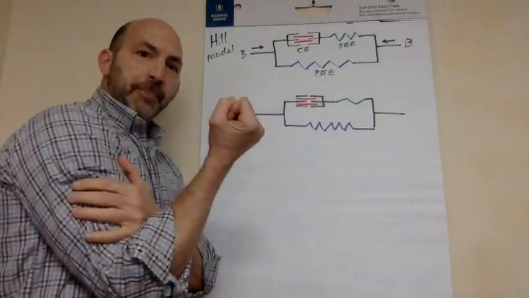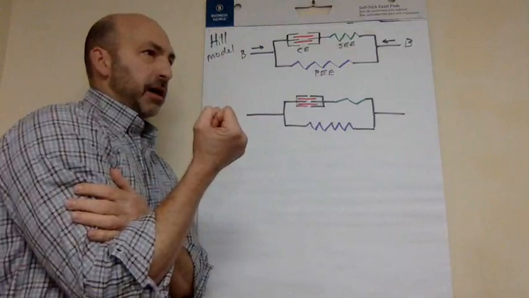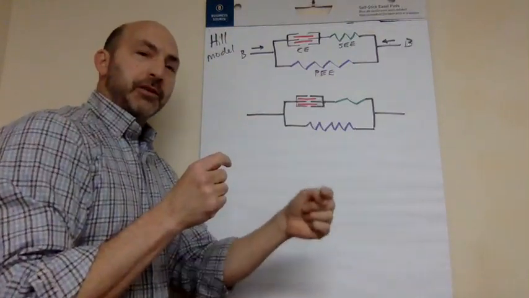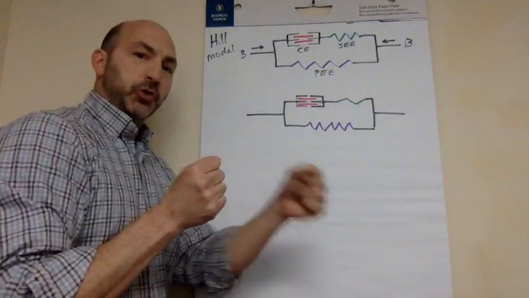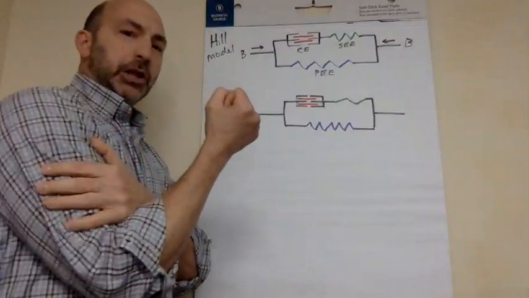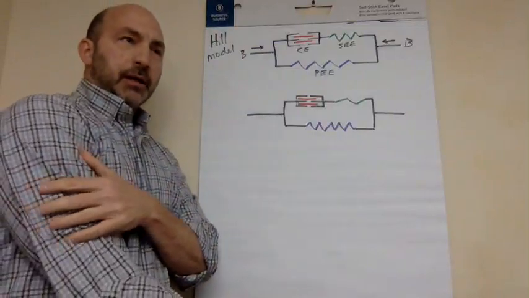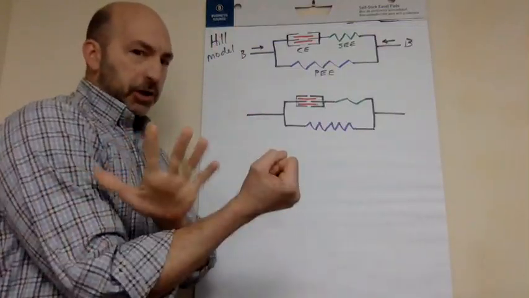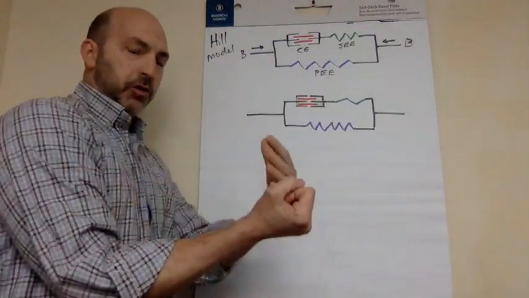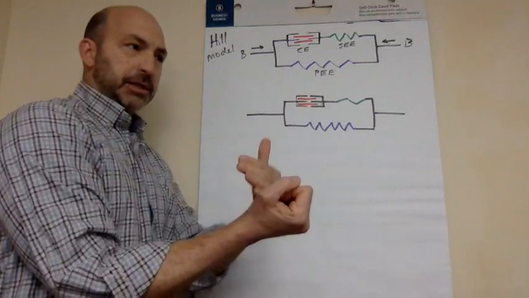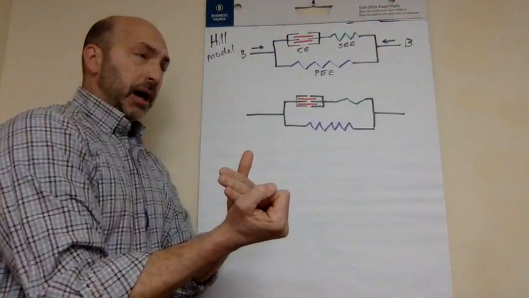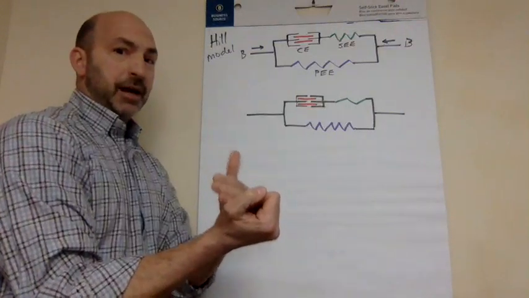Let's lift the weight now. In isotonic concentric, the tension generated by the muscle exceeds the load and the muscle shortens. That's isotonic concentric. And then when we lower the weight, under control, we still have essentially the same tension developed as the load, just a hair less. So it's still isotonic. But now the muscle is lengthening, so it's isotonic eccentric.